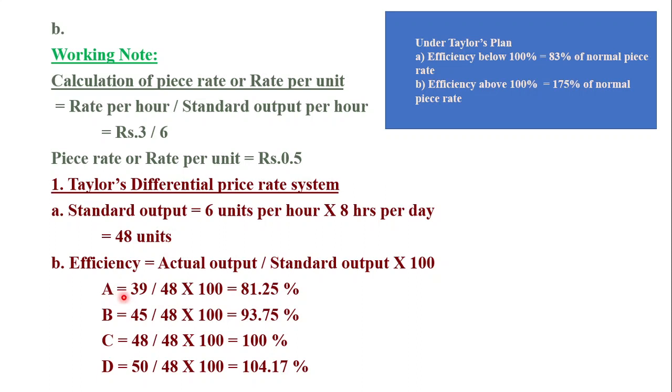For worker A, 39 divided by 48 into 100, efficiency is 81.25%, B's efficiency is 93.75%, C's level of efficiency is 100, and D's efficiency is 104.17%.